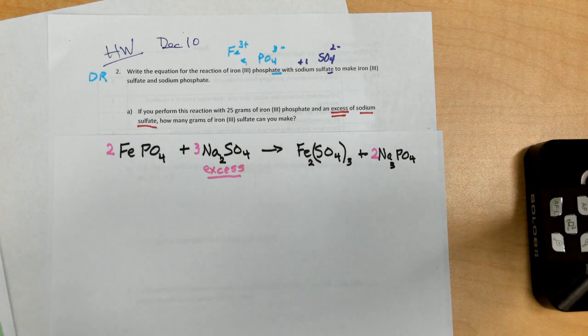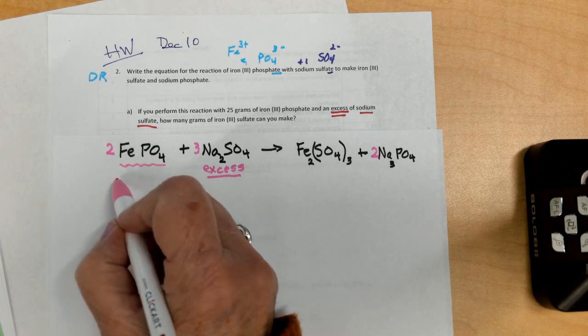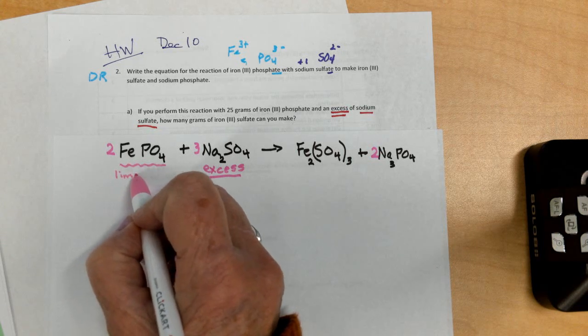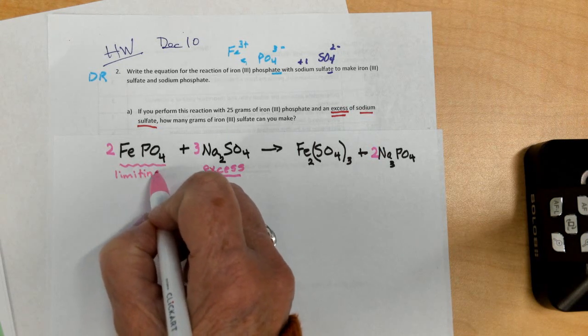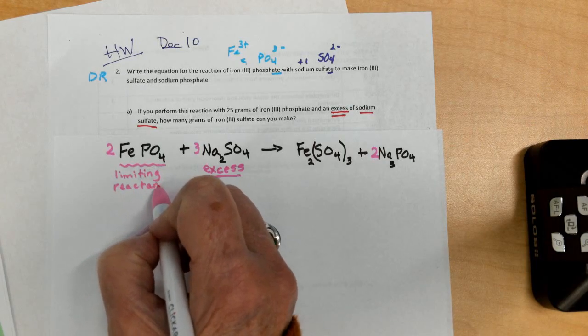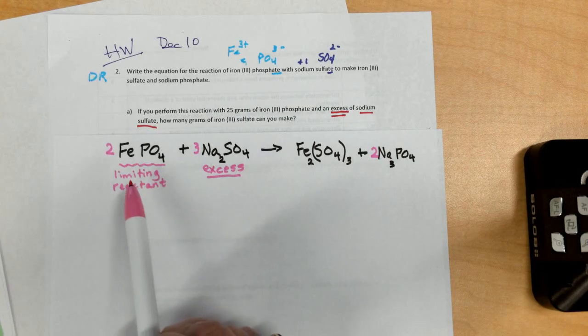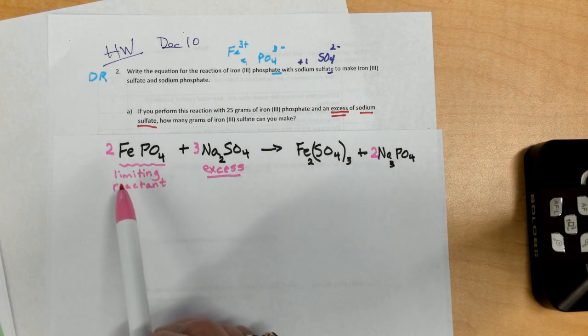What are you going to use up? This is my limiting reactant. When they give you that clue, that's really nice, because you didn't have to do any work to determine which reactant was limiting. Once I tell you one reactant is in excess, it makes the other one limiting by default.